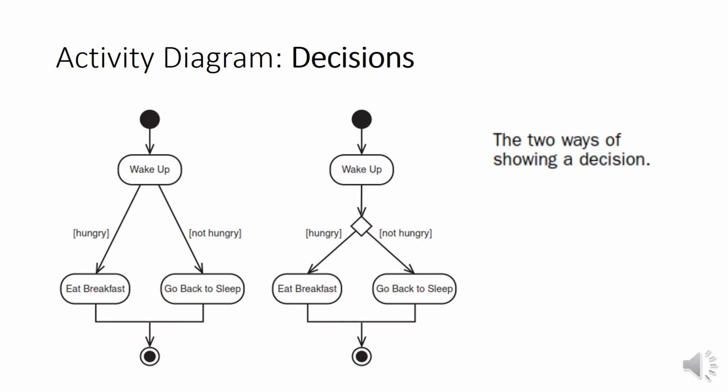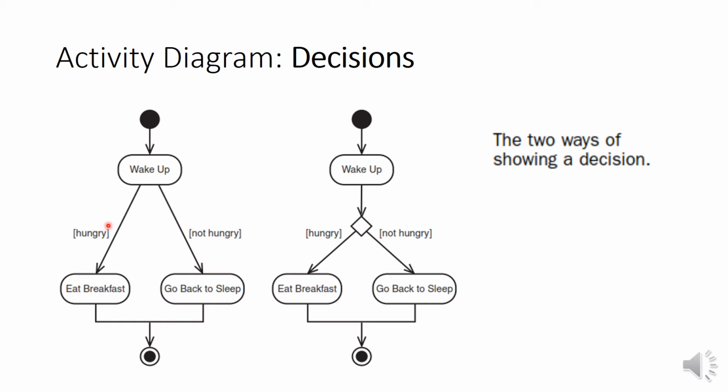Decisions in an activity diagram. An activity diagram comes to a point where a decision has to take place. One set of conditions leads to one path and another set of conditions leads to another path, and these two paths are mutually exclusive.